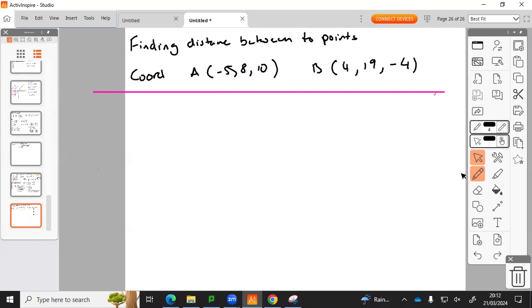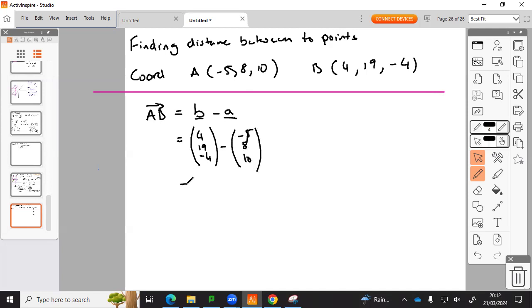You have to create the path, all right, so if we're creating the path A to B, and the magnitude AB.